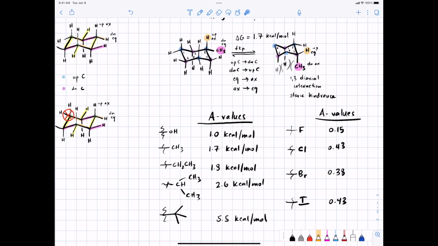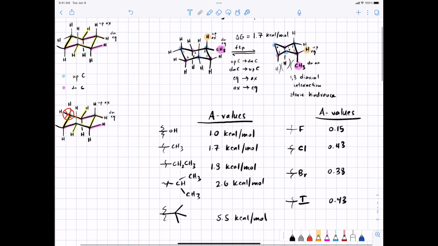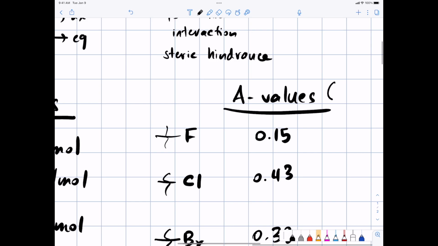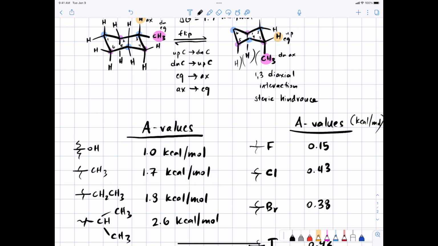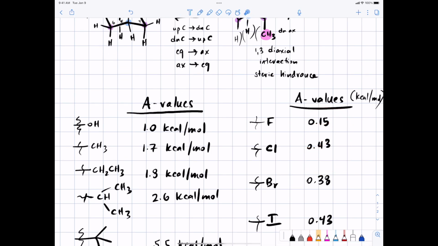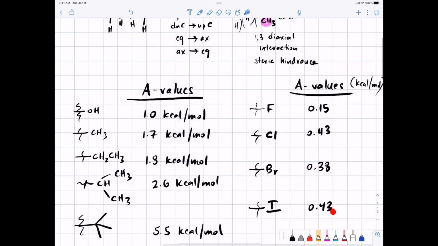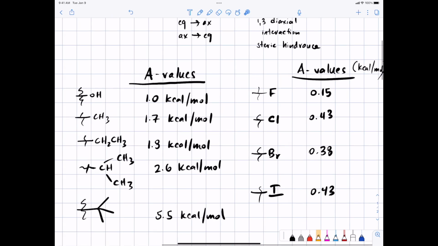So that would mean that by the time you get here, you're looking at probably more than 1,000 to 1 equatorial versus axial. Yeah. Yes? Are the halides also in kilocalories per mole? Yes, these numbers are also in kilocalories per mole. Sorry, I just wanted to relate it in my mind. Nope, that's fine. Basically here, the equilibrium constants are pretty close to 1. Of course, if the free energy were 0, it would be 1, but it's pretty close.